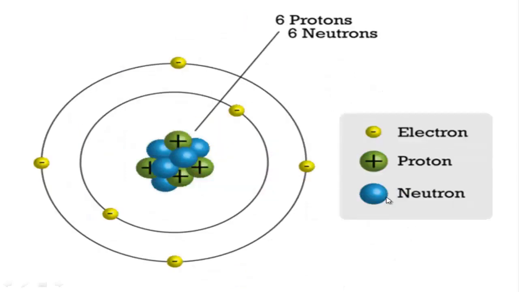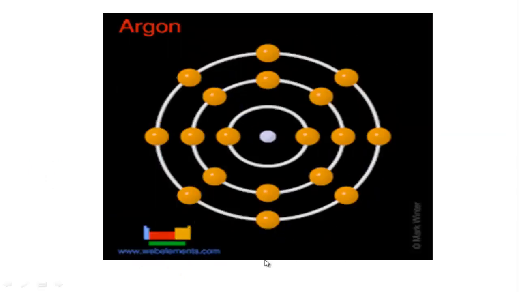Follow another picture. Here the number of electrons is 6. So the first circular path contains 2 electrons as usual, and the other 4 electrons remain in the second circular path. Follow another picture.